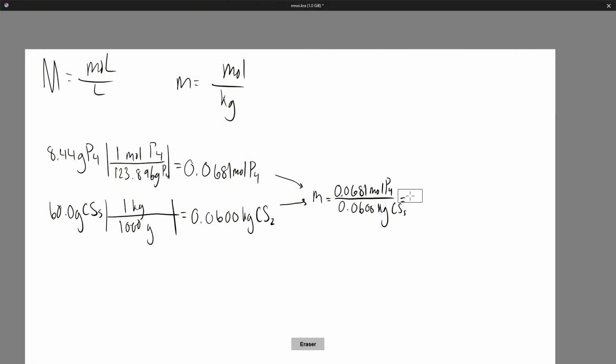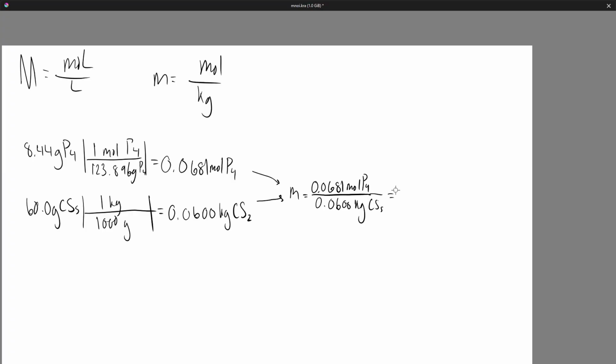Sorry, let me just expand this real quick. That should equal 1.135 moles of phosphorus per kilogram. Sorry.